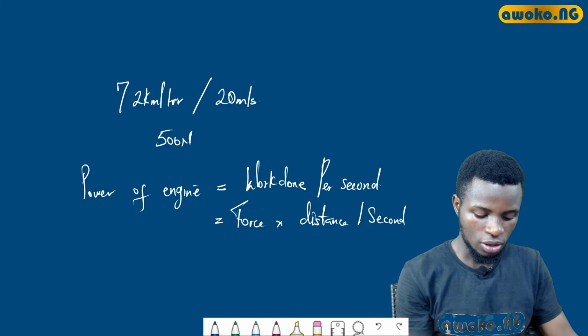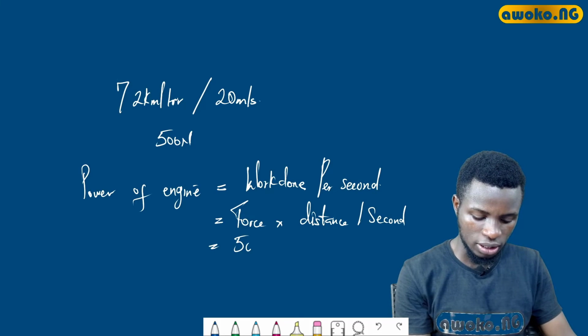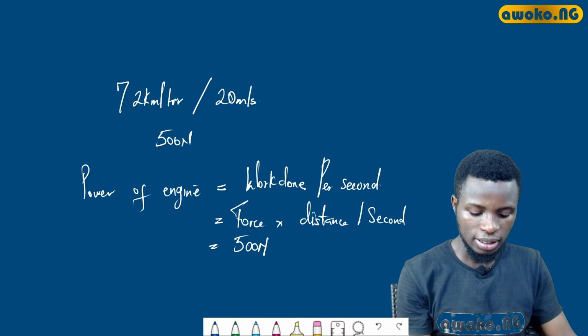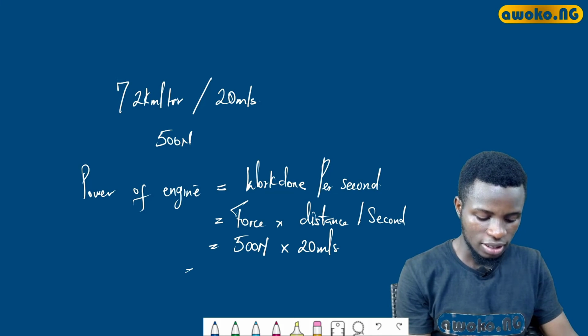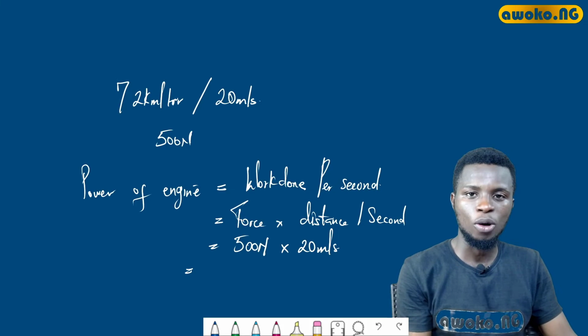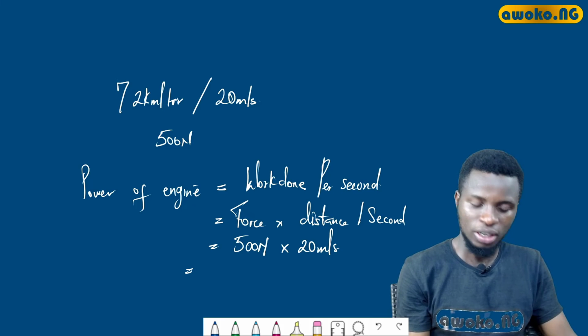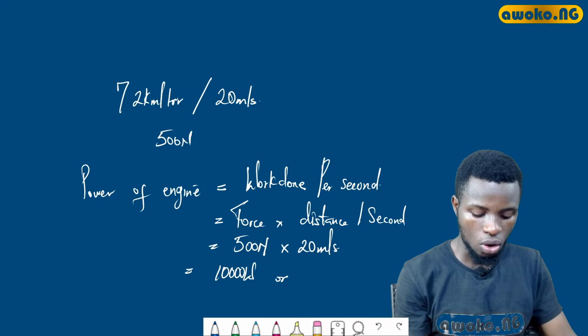What is the force given? The force is 500 Newton, and the distance was given as 20 meters per second. So if you multiply this, the power of the engine is equal to 10,000 watts or 10 kilowatts.